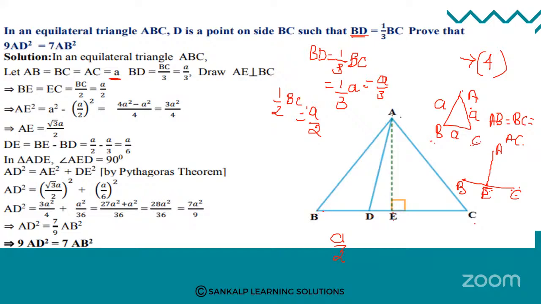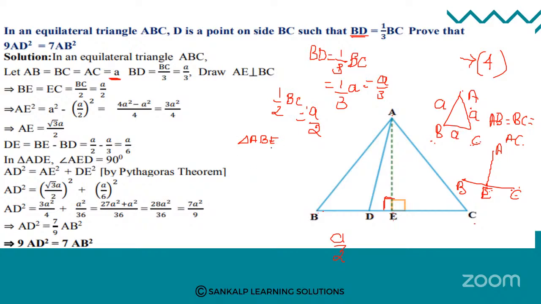Next, in triangle ABE, okay. See, in triangle ABE, see here angle E is equal to 90 degrees. That means here also it is 90 degrees only, right? So this is the hypotenuse, and BE and AE are the two other sides of a right angle triangle.